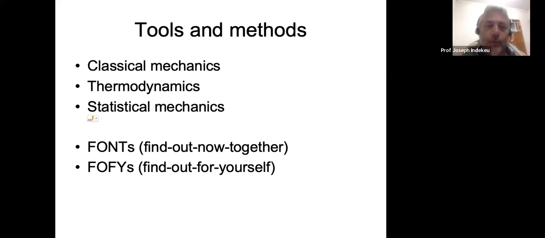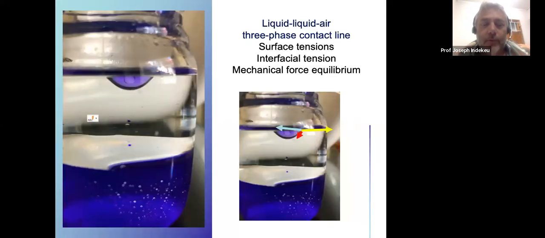And the other tool is a FOFI. FOFI means find out for yourself. So the FOFI is a kind of homework, and the FONT is something that we do together during the sessions. For today, for the next hour and a half, I will concentrate on the problem of contact of phases.